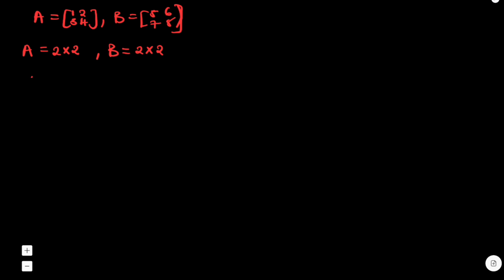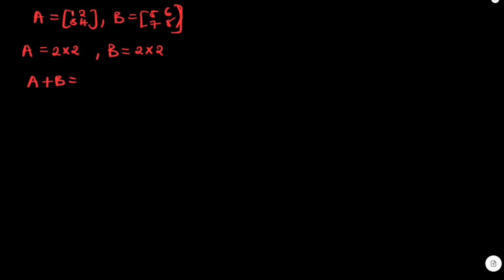So if we want to add the matrices A plus B, remember I told you only corresponding elements are added. So we are going to look at the matrices and we are going to add their corresponding elements.